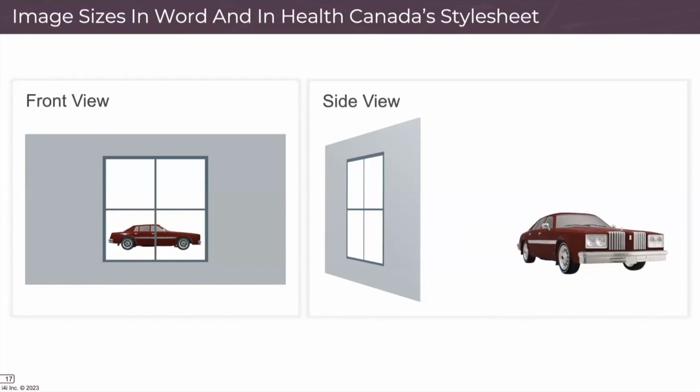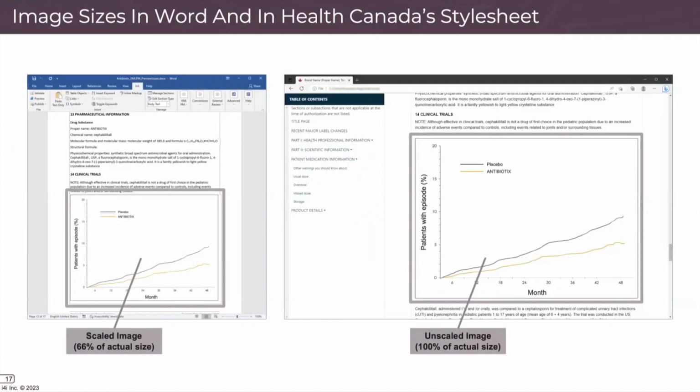However, if the car were moved away from the window enough, the scale changes and the entire car can now be seen, even though the actual dimensions of the car have not changed. Similarly, when you insert an image of large dimensions into Word, the image's original size is not changed, but is scaled down until it can fully be displayed within the margins.